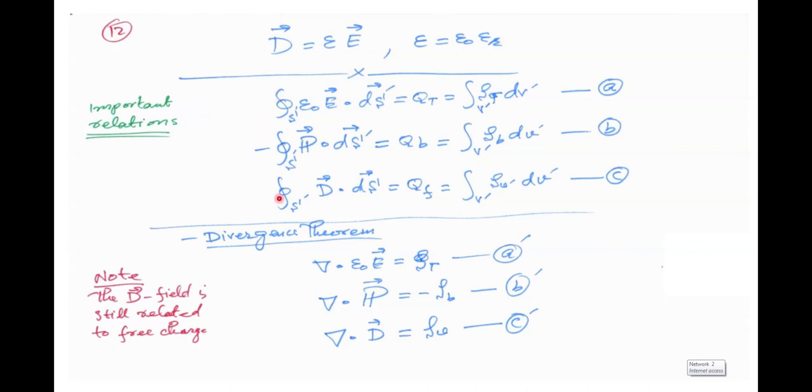In the modification of D field and hence the Gauss's law, we obtain these three important relations in integral form, where rho t represents the density of total charge, rho b represents the density of bound charges, and rho v represents the density of free charges in a closed surface.